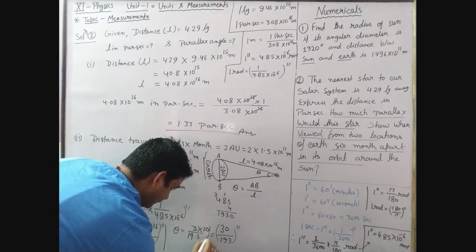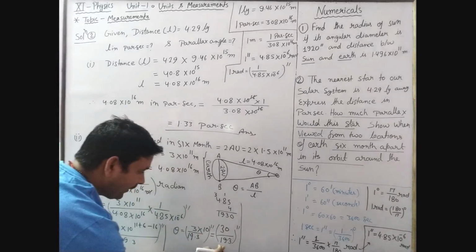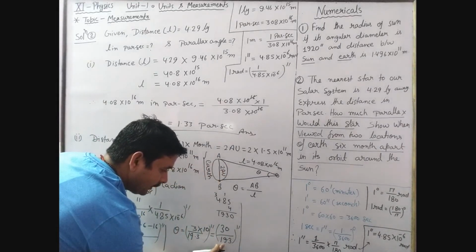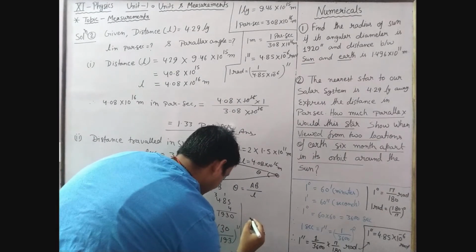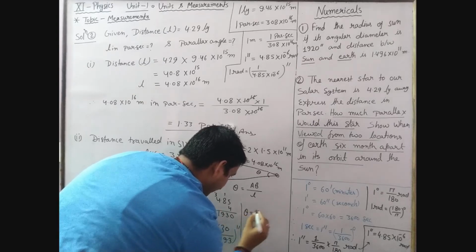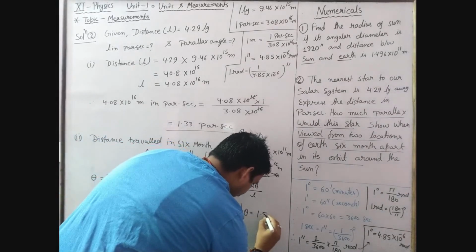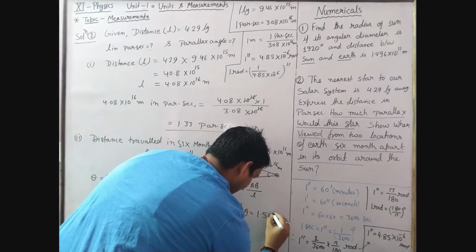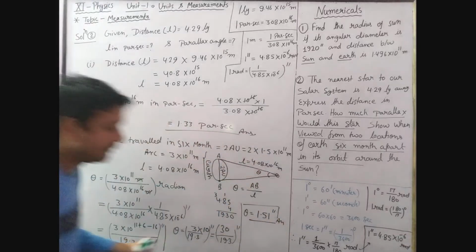Now when we solve this, if we assume it as 20, then theta is equal to approximately 1.5 in second. This is your second answer.